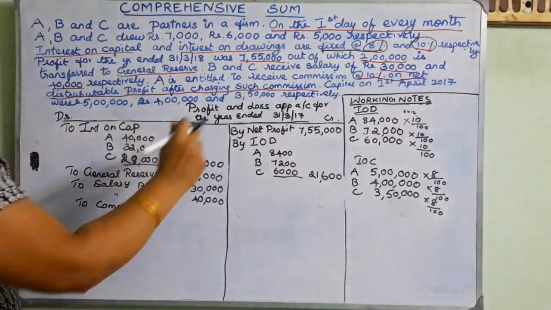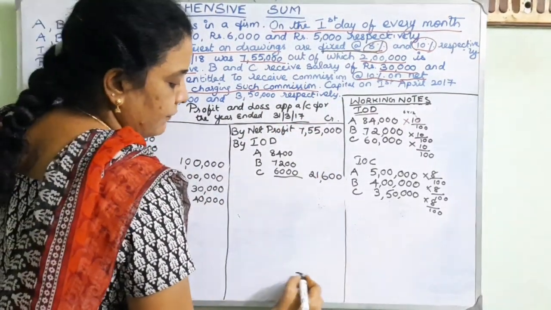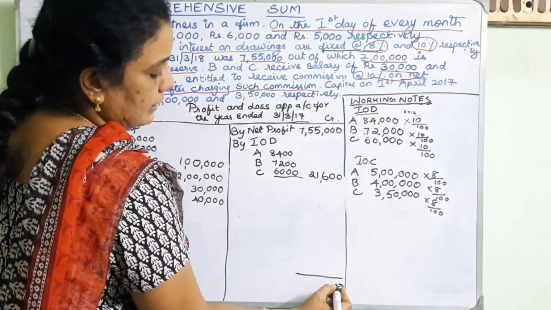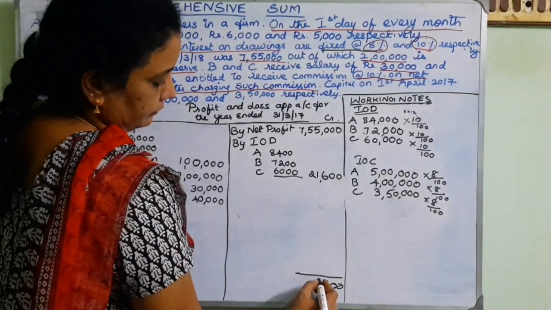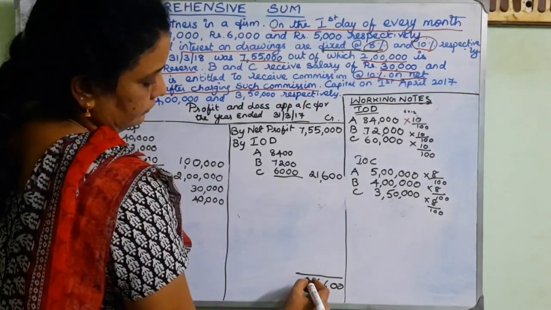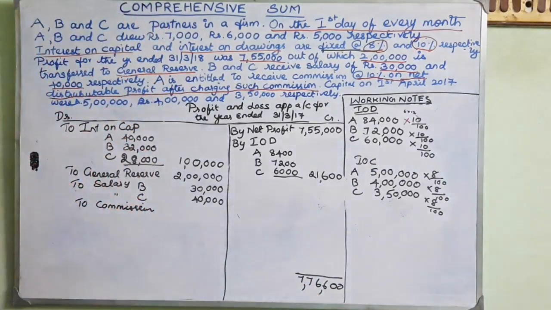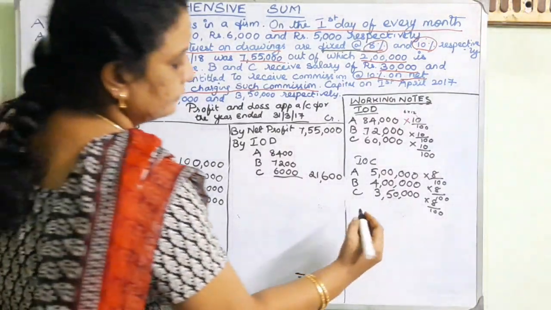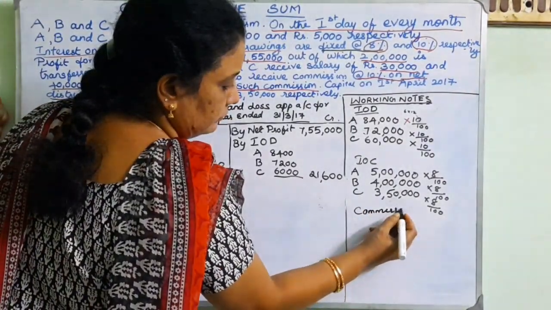To find out the commission, first add these two things: 7,55,000 plus 21,600, which will give you 7,76,600.